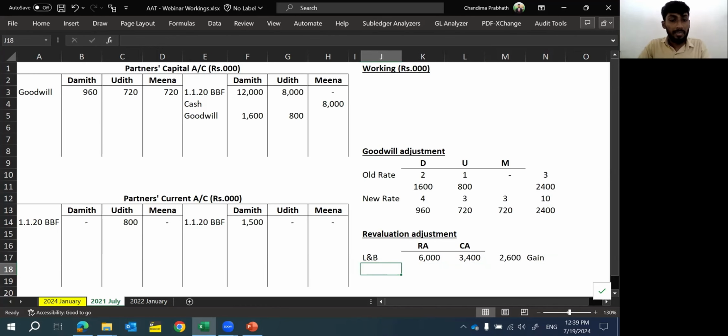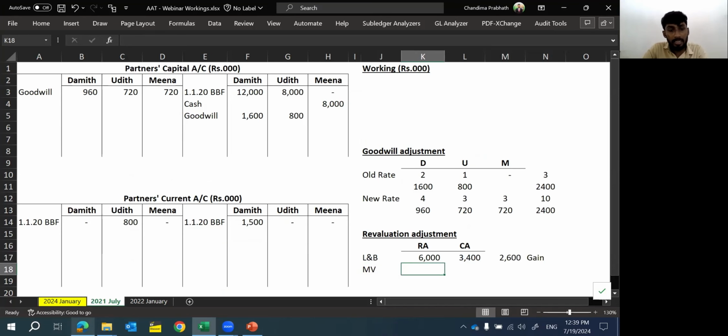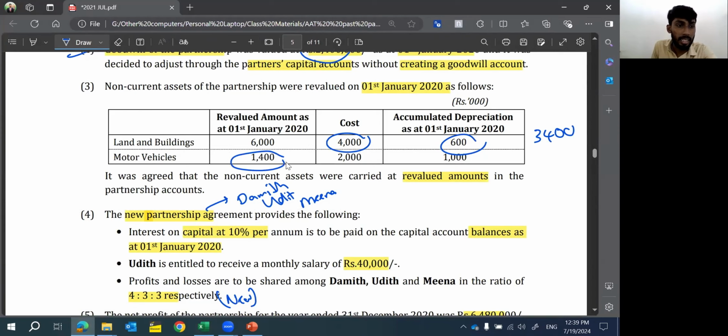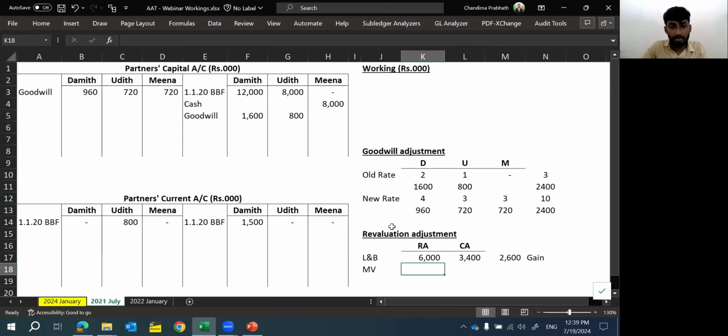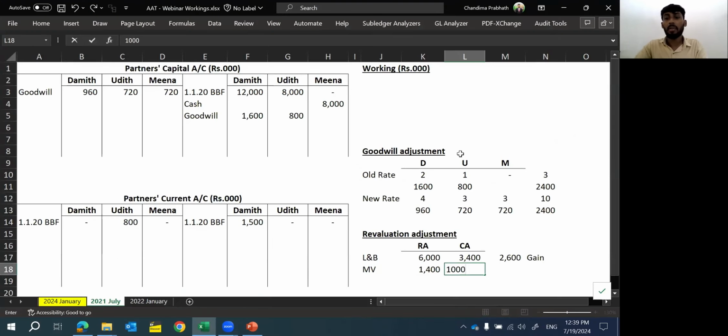Then after land and building, we have motor vehicles. The revalued amount is 1,400. Carrying amount, the cost less accumulated depreciation: cost 2,000, accumulated depreciation 1,000, so the carrying amount is 1,000.